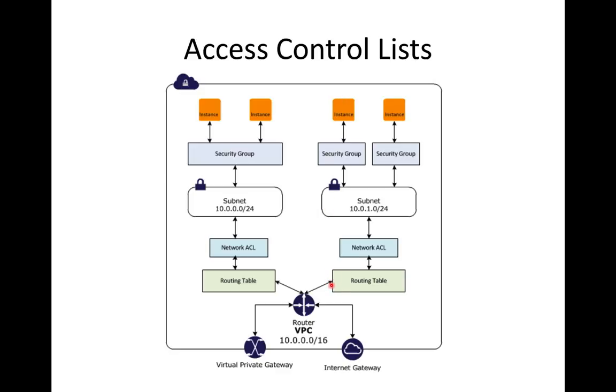You can see how there's multiple layers here. The traffic has to first go through the network access control list, and then it might be filtered by the security group. If you have one instance in a VPC that needs to talk to another instance in the VPC in a completely different subnet, then that traffic is going out through a security group, out through the network access control list associated with the subnet, through the VPC router, then it's going back through another network access control list for the second subnet, and through another security group associated with the other instance.